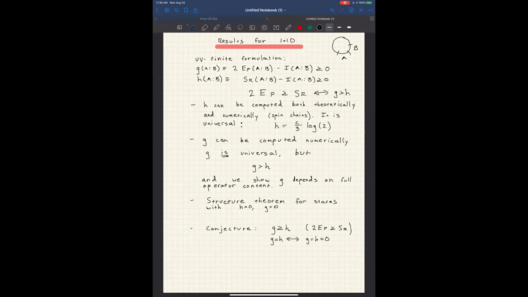I see. Right. So it's definitely true that, clearly for the reason you're saying, EP is less than SR, because the canonical purification is a particular one and you can always do better. So that's true, but that's why you need the 2 there.